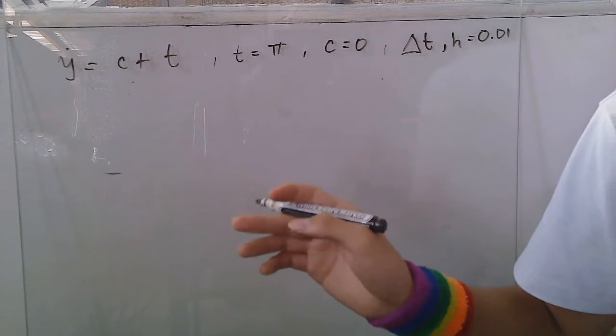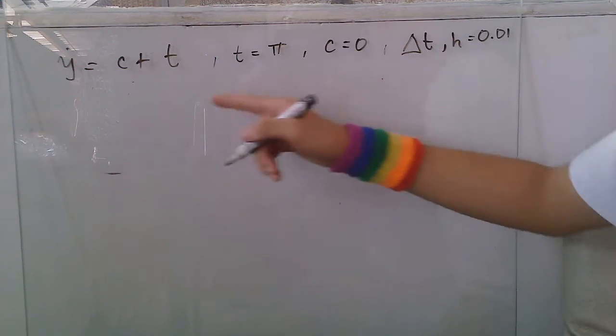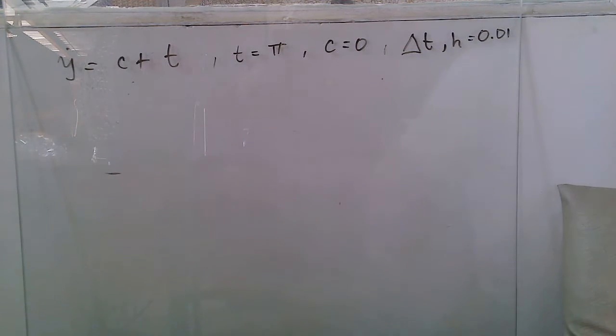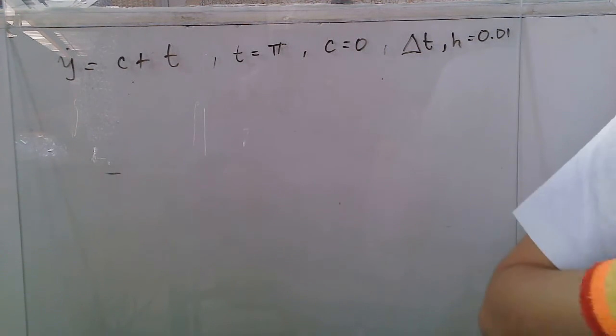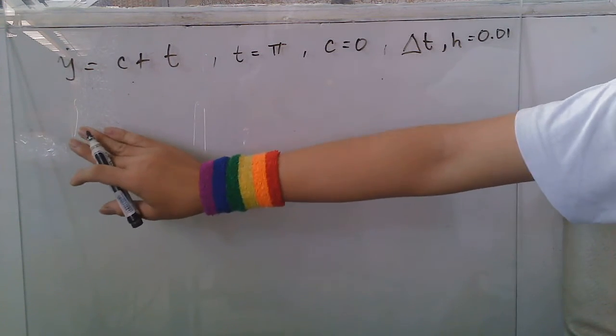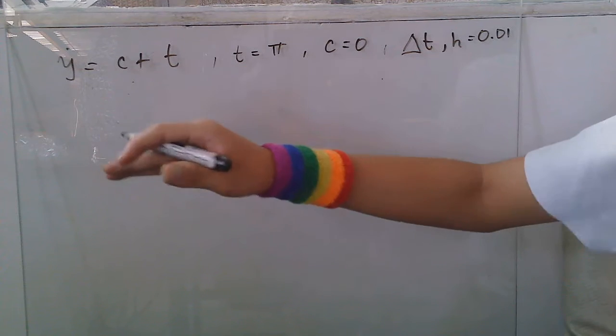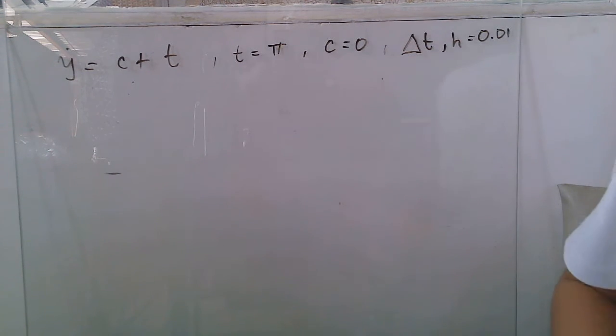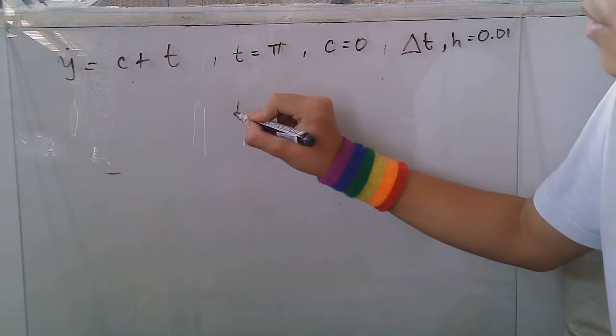Alright, given these conditions, let's approximate y, or let's approximate c. So using Euler's method, in the book, in elementary differential equations, they express it in terms of differentials, but I'm just gonna go straight into the formulas and give you guys the T sub 2.